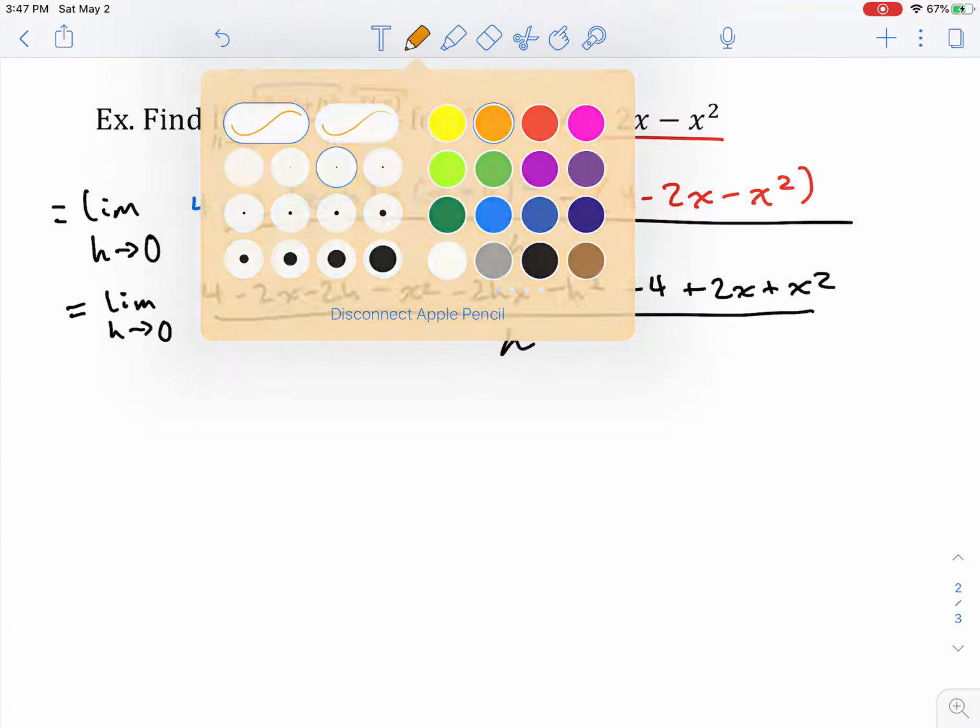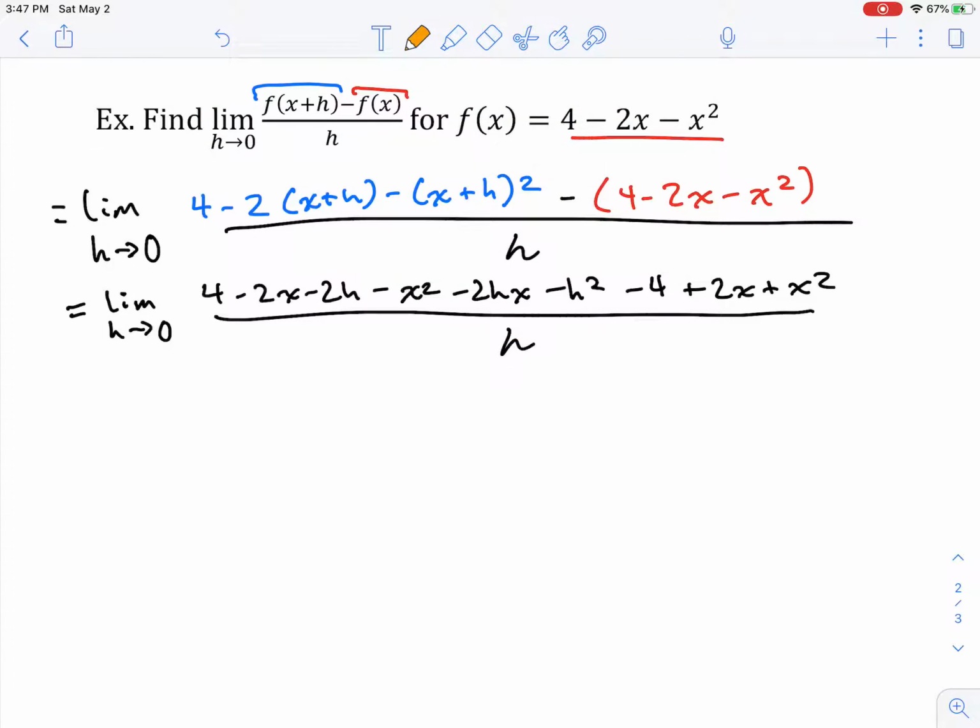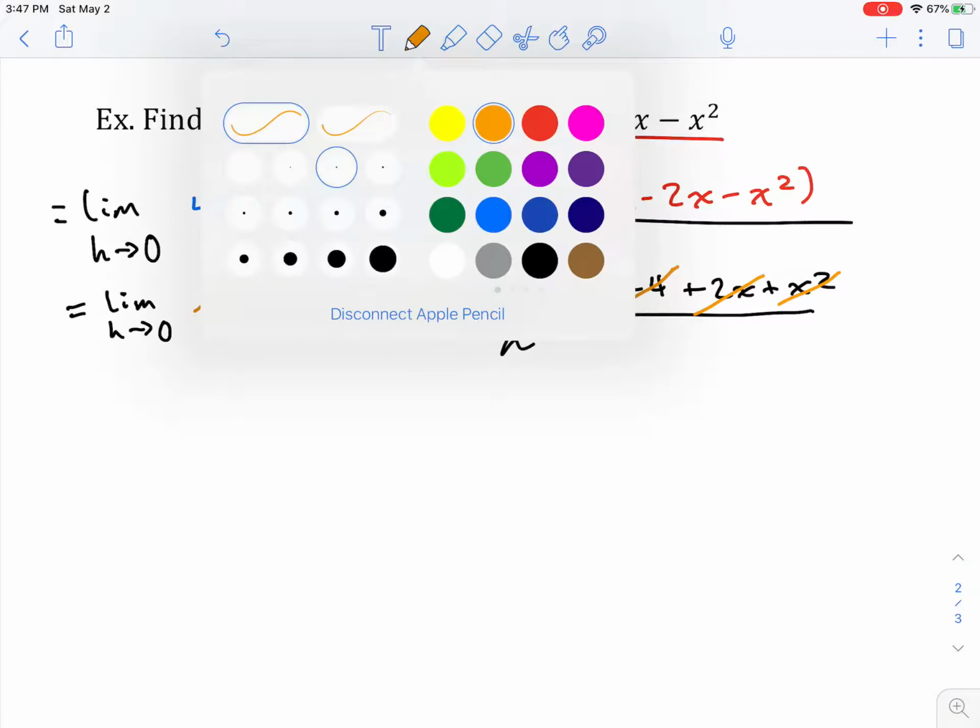All right, if you know me, you know we're just about to do my favorite thing in all of math, and that's simplify. So what can negate one another? We've got a positive 4 and negative 4. We've got a positive 2x and a negative 2x. We have an x squared and a negative x squared. And is there anything else I can clean up right now in just the numerator?